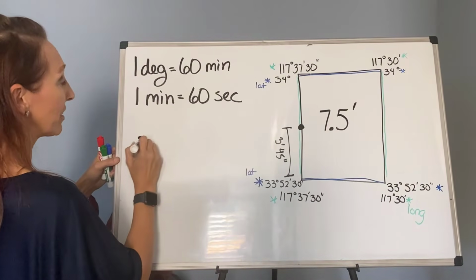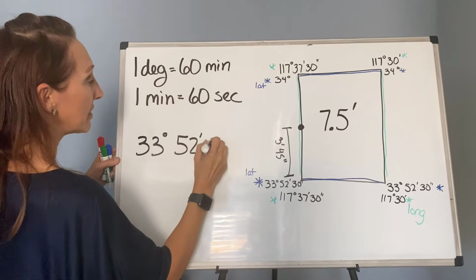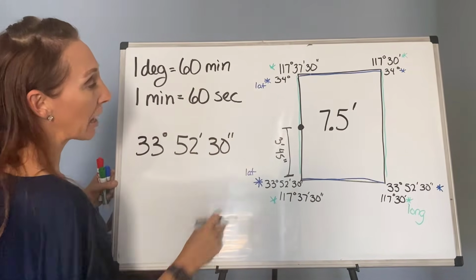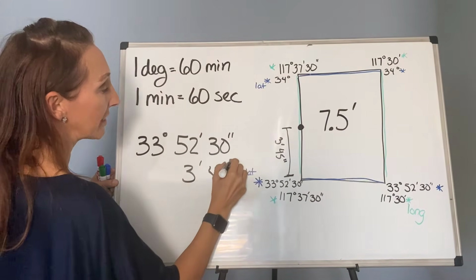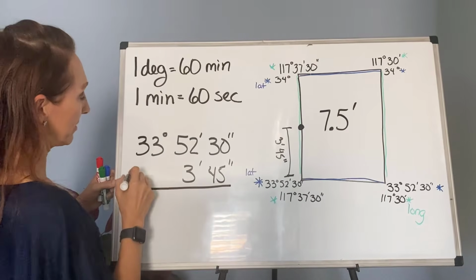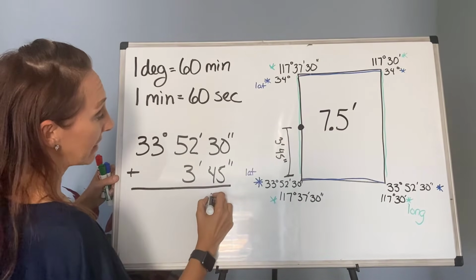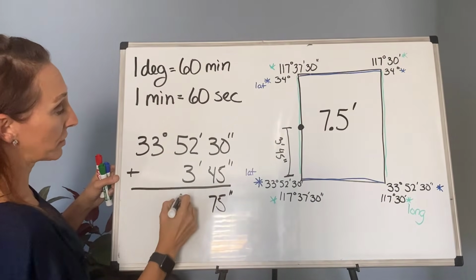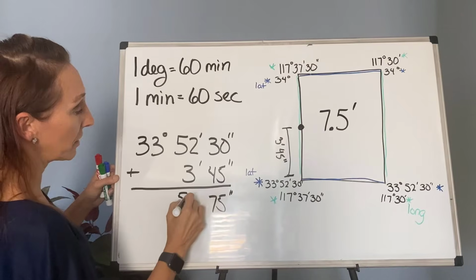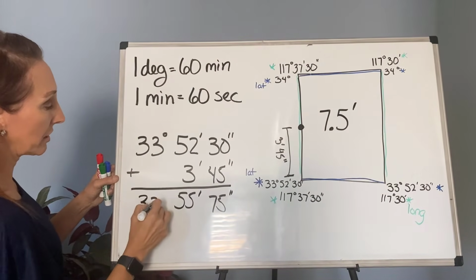So let's write that. 33 degrees, 52 minutes, and 30 seconds. And we're adding 3 minutes, 45 seconds to that. Okay, so 30 plus 45 is going to get us to 75 seconds. 52 plus 3 is going to be 55 minutes. And then 33 degrees is here.